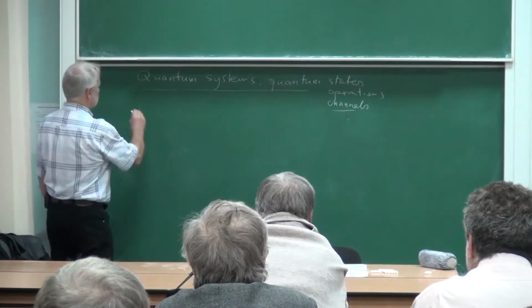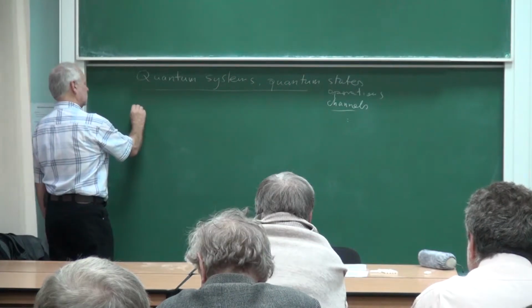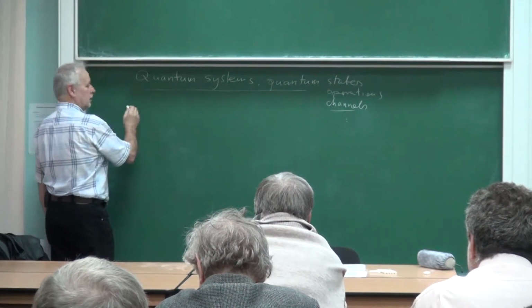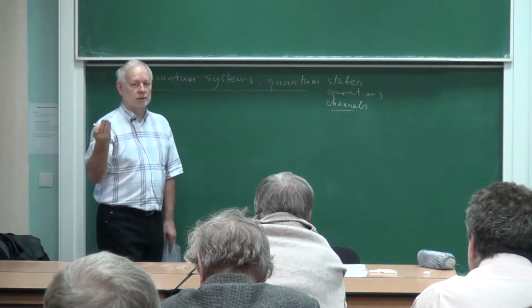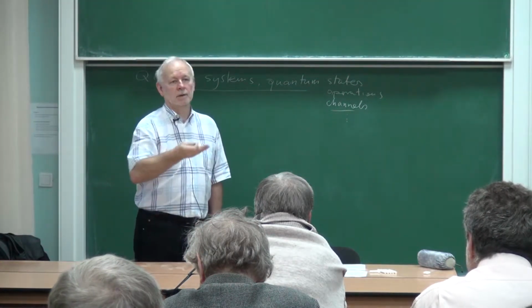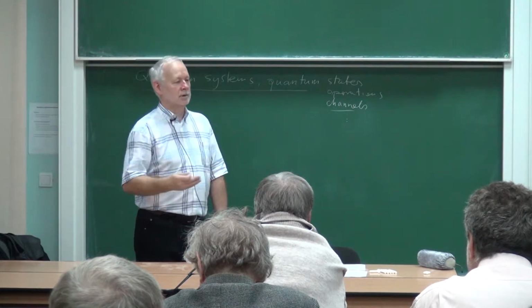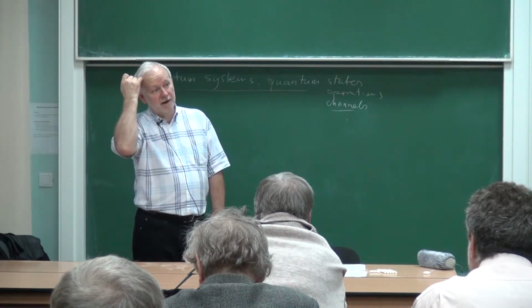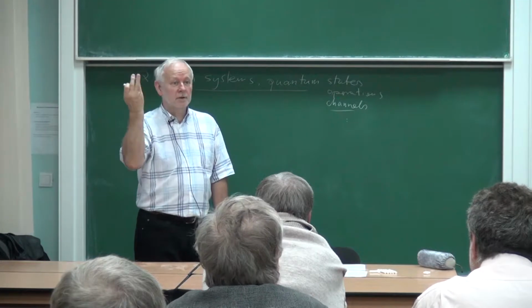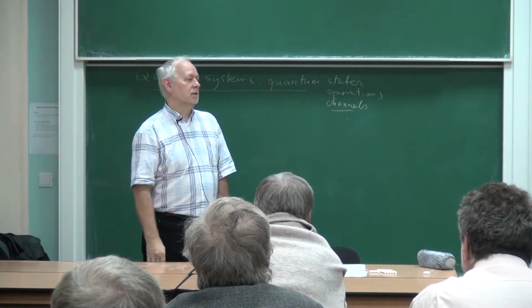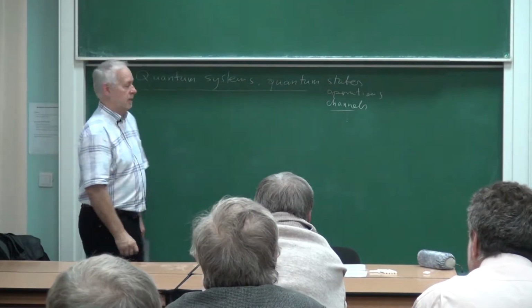Okay, so anyway, what happens is that usually, certainly probably everybody knows this, when you have a quantum system, it is usually described by the wave function. And a wave function is usually a unit vector in some Hilbert space.